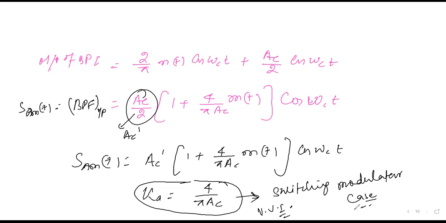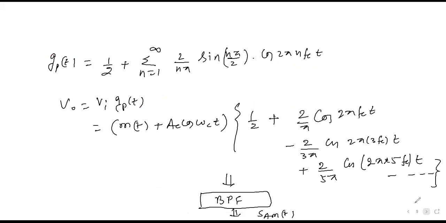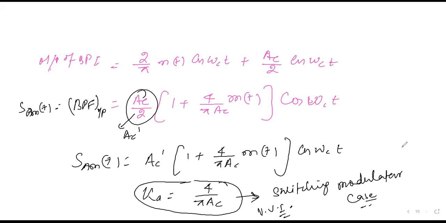So this is your generation of AM signal. So this is the AM equation by using your switching modulators.